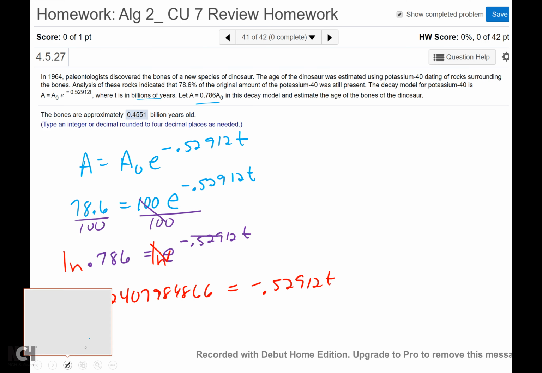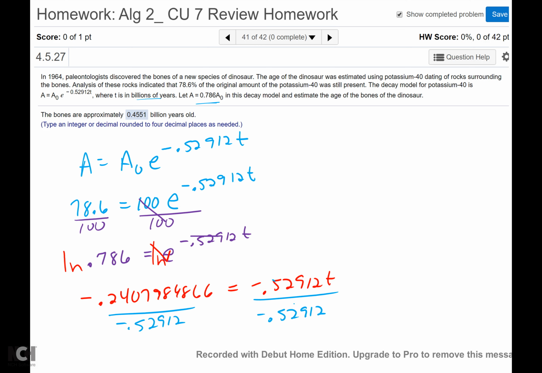So to get t alone, I'm going to divide by negative 0.52912. And t equals 0.45509, yada yada yada. 4 decimal places, 1, 2, 3, 4. The 9 bumps it up to a 1. Okay, so they're almost 500 million years old. Almost.